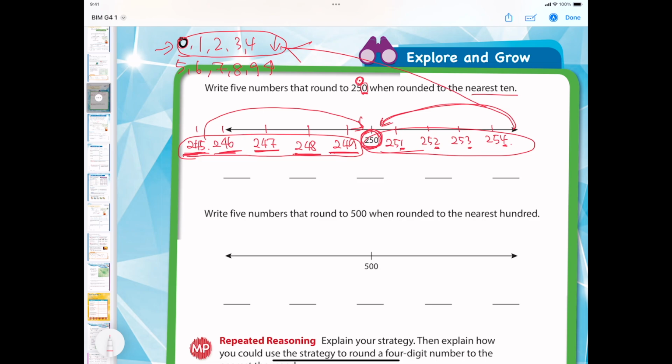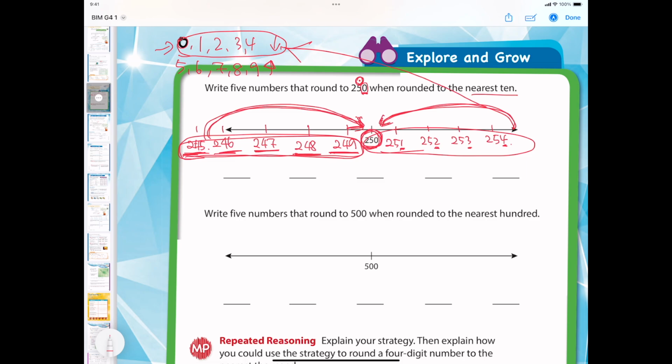So when the matter number is 5 and up, we round up because the value of the number is going to go up to 250. Do you remember why we say round up or round down? So 5 and up is going to round up, and 0 to 4 is going to round down.